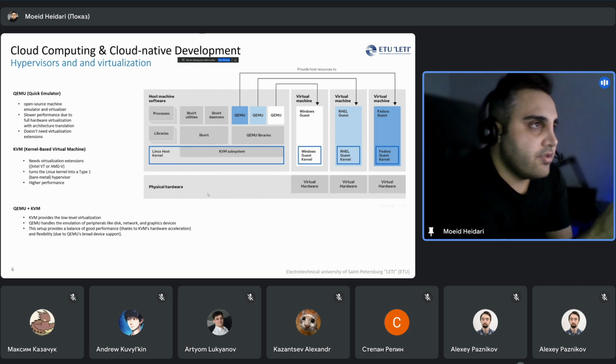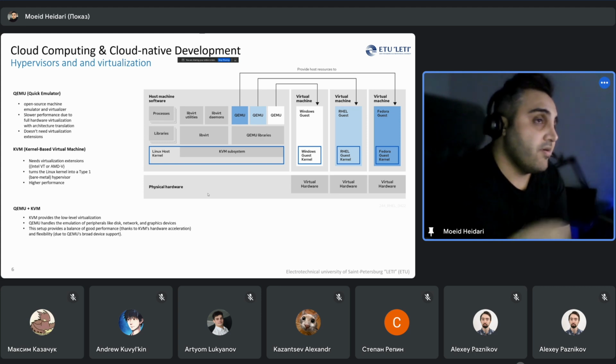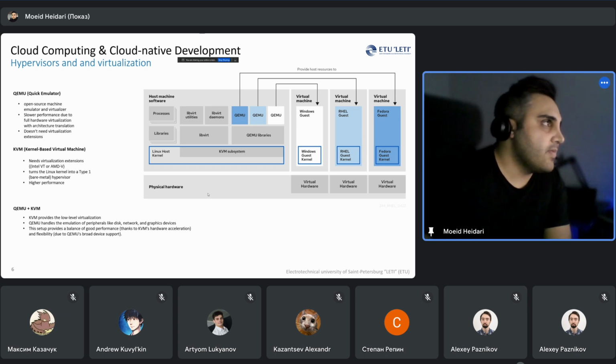So whenever you want to actually run your binary executable files, if the hardware chosen for the virtualization is different from what you have in the kernel, then QEMU is responsible for the translation of that, which is a time-consuming operation, and is going to lower the performance of the whole system. Yeah, so it actually doesn't need to have the virtualization extension. As I said, it can work on its own.